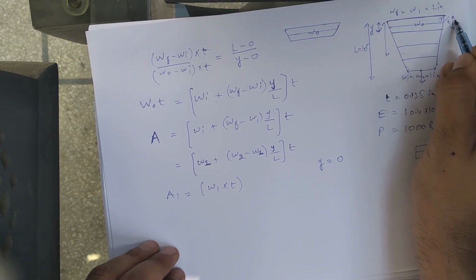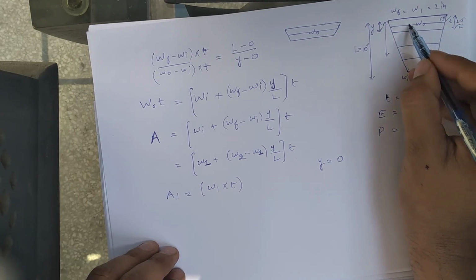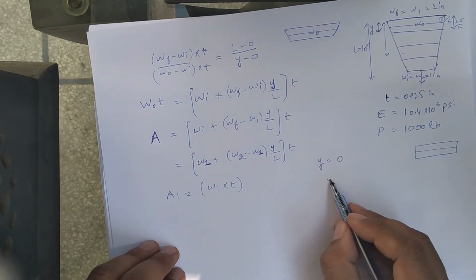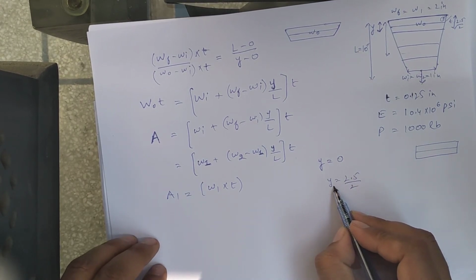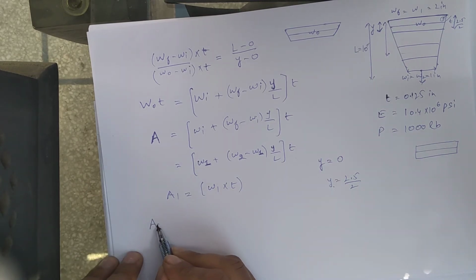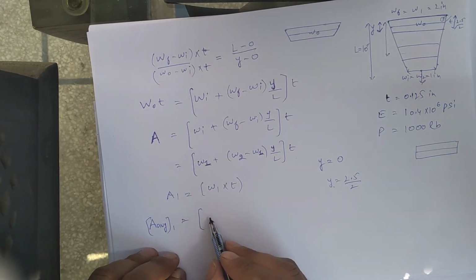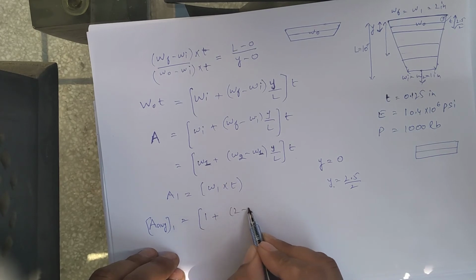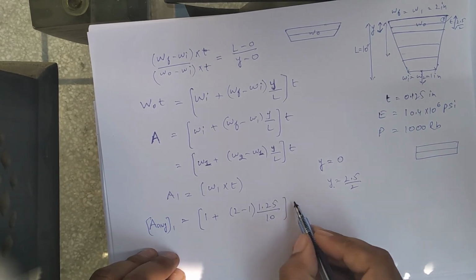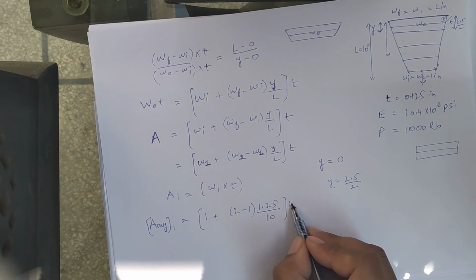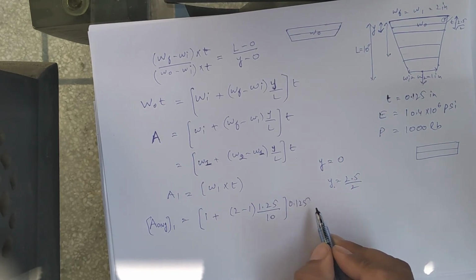Now we want to find the areas in between. For example, this is 2.5. We want to find the area at 2.5 over 2, where y equals 2.5 over 2. That will be the average area of element number 1. So we have W1, that is 1 inch, plus 2 minus 1 into 1.25 over 10, into 0.125, that is the thickness.